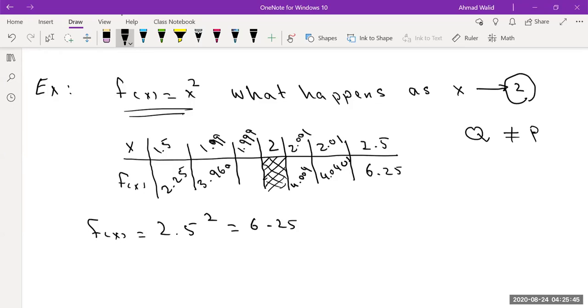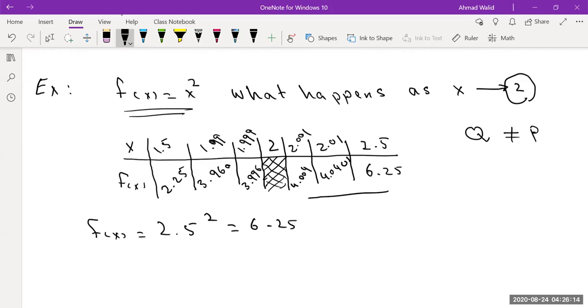And if I plug in 1.999 and I square it, it gives me 3.996, which is really, really close to what? Which is really, really close to 4.